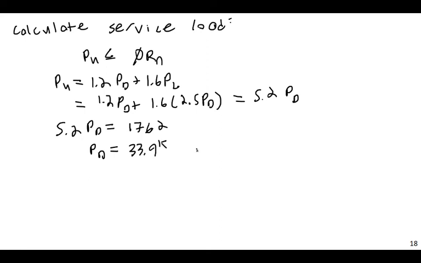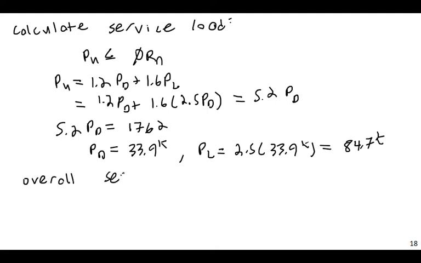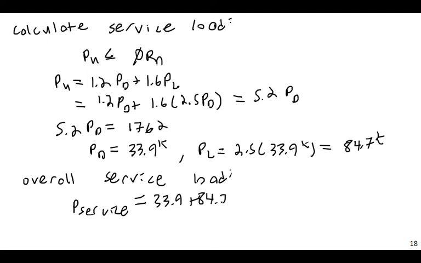And P live then equals 2.5 times 33.9, which comes to 84.7 kips. So that means the overall service load, P service, will be simply 33.9 plus 84.7, and this will be 118.6 kips.